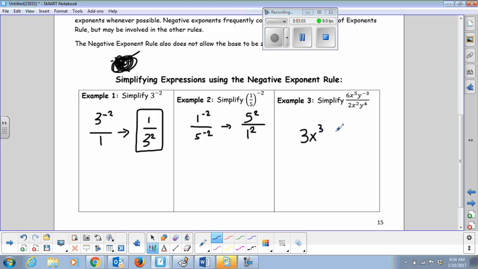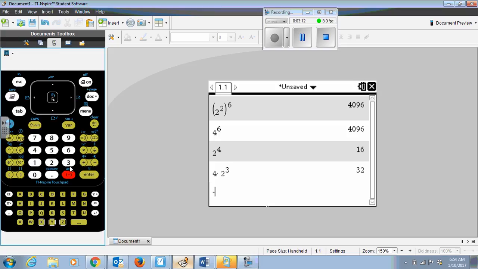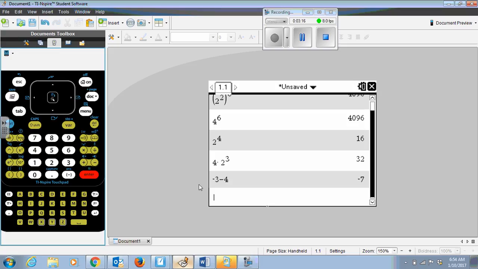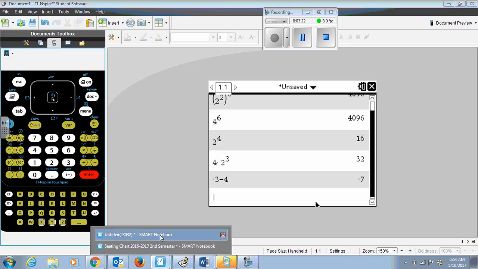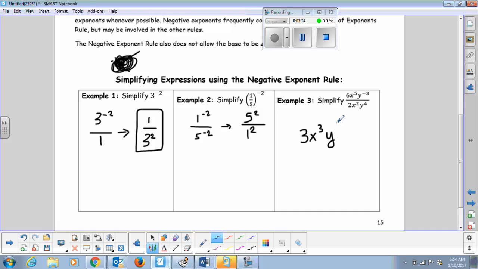For my y's, we're subtracting, so it's negative 3 minus 4. So for most of you, I actually want you to check your calculator on that sort of thing. So negative 3 minus 4 is negative 7. If you're not sure or if you're not confident in your negative skills, make sure that you're checking with your calculator. So this exponent is negative 7.